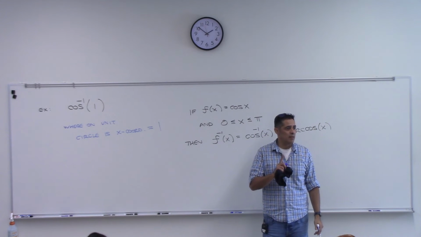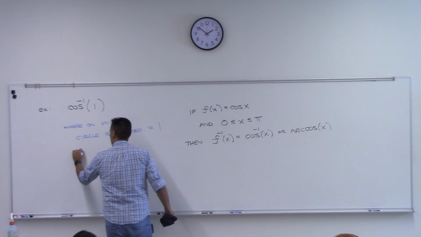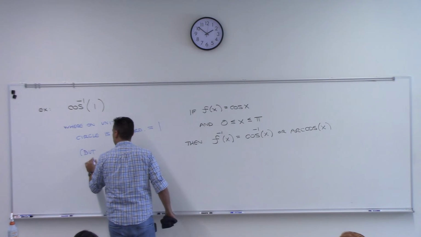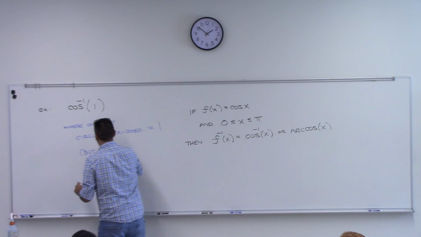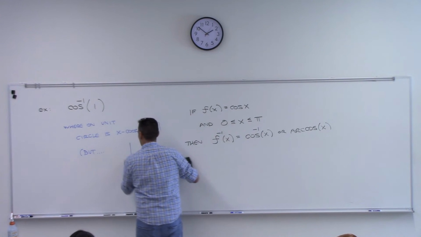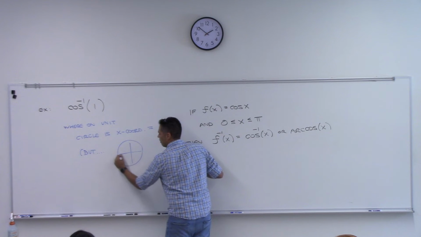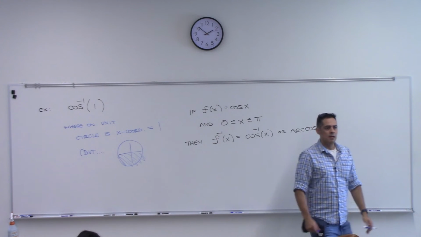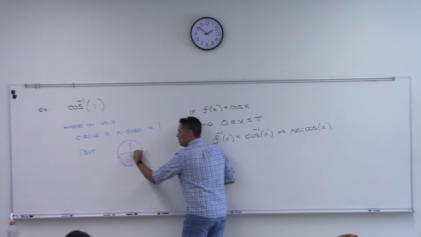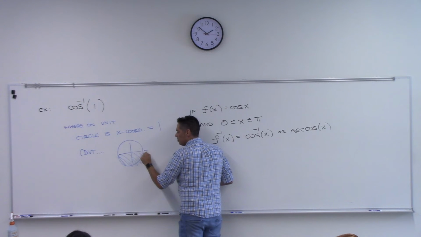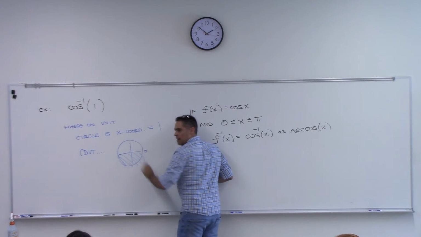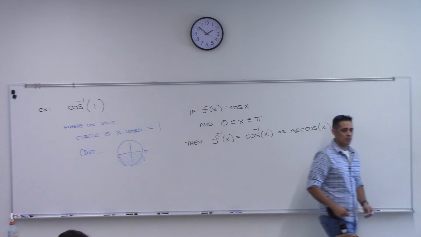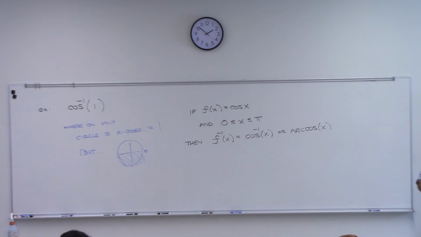Where is the x coordinate equal to 1? But what else? I can't be down there, right? I have to be between 0 degrees and pi. I'm only allowed in the first and second quadrants. So what's the answer?